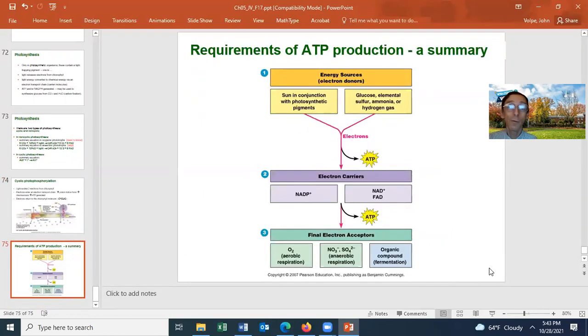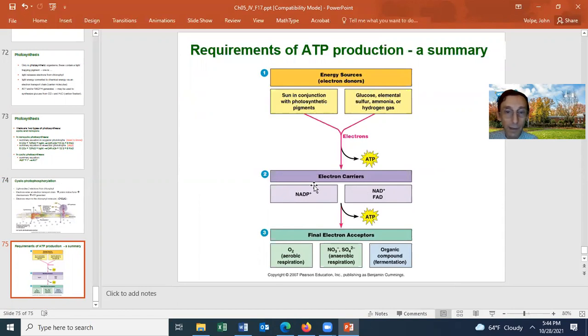All right, so we stated that ATP production can have a different energy source. The electron donor can vary with carbohydrate metabolism generating ATP, and that's both respiration or fermentation. Glucose is generally the starting electron donor, but with photosynthesis, light is the electron donor, and I guess you can say the electrons come from chlorophyll, but light starts the process to generate ATP.